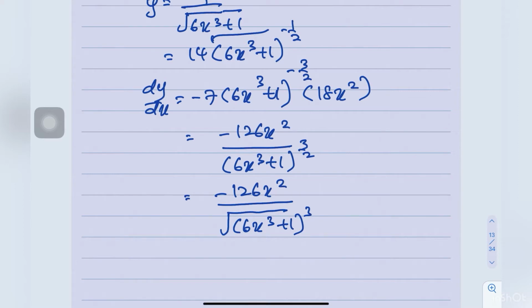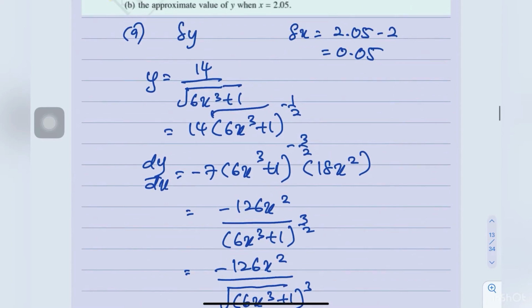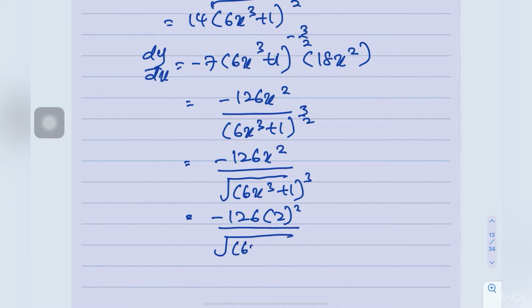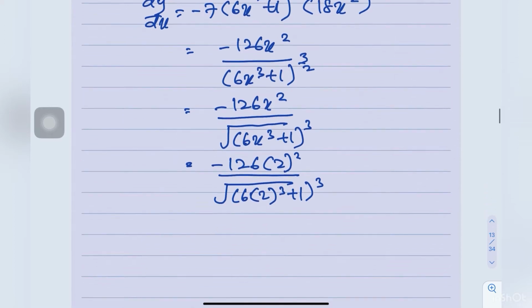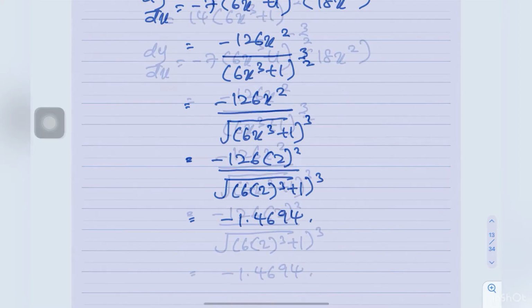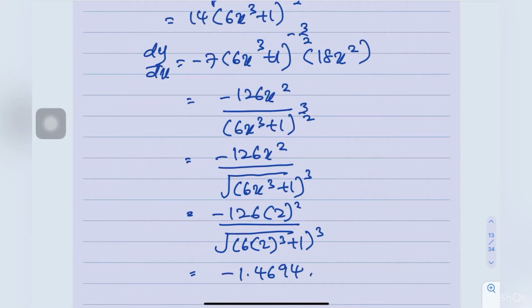Now we substitute the initial value, x equals 2: negative 126 times 2 squared over the square root of 6 times 2 cubed plus 1, cubed. This is negative 1.4694, so dy/dx equals negative 1.4694.